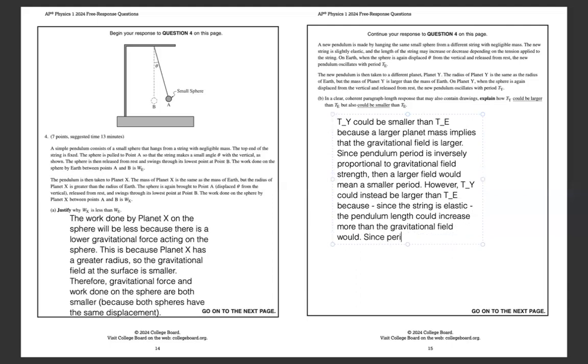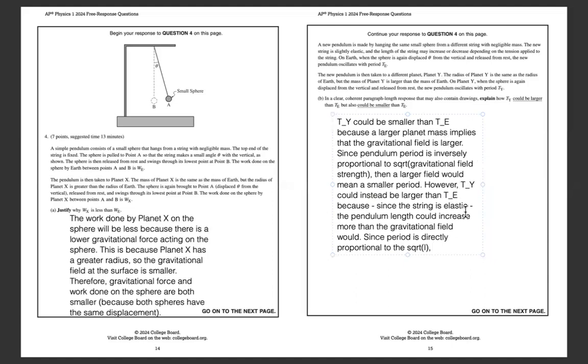Since period is directly proportional to the square root of the length, right? And in addition to that, I should actually say it's inversely proportional to the square root of the gravitational field strength as well.